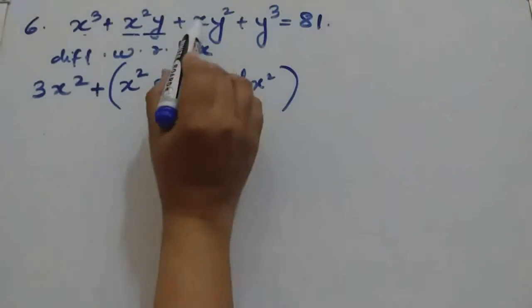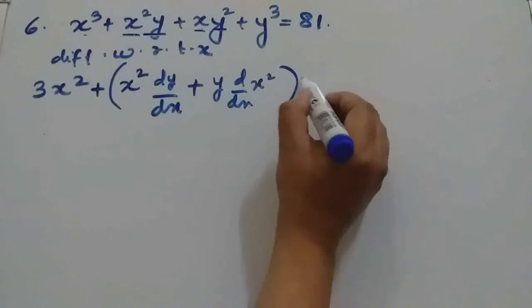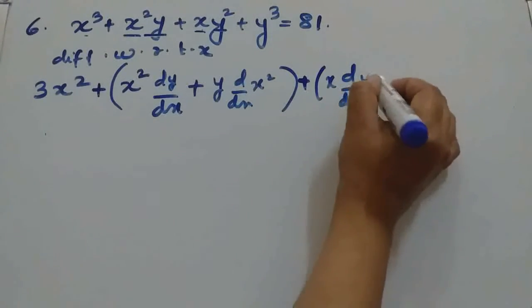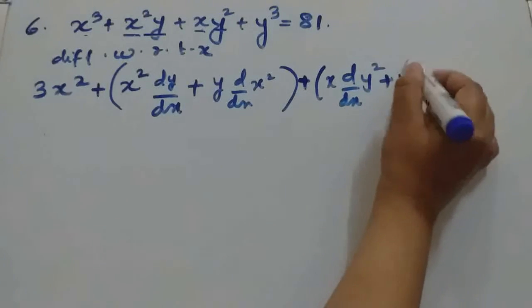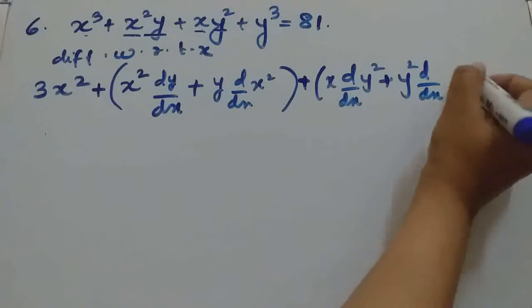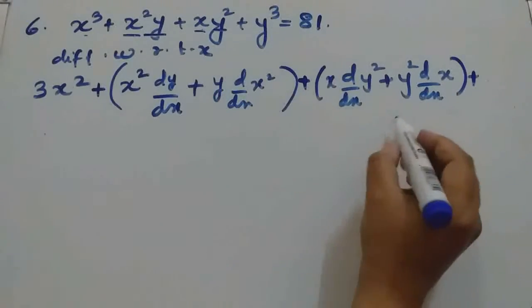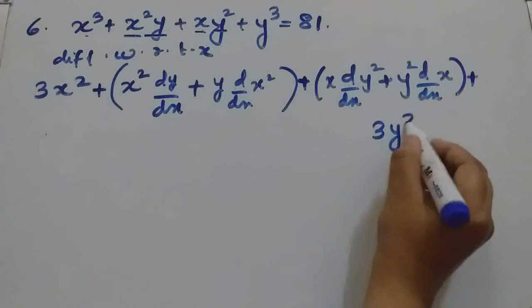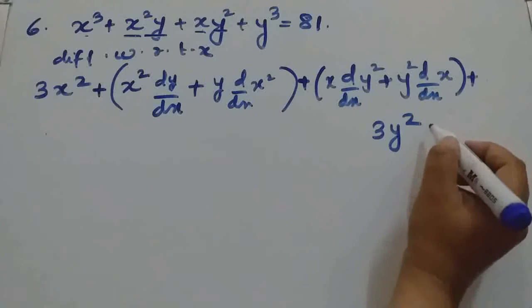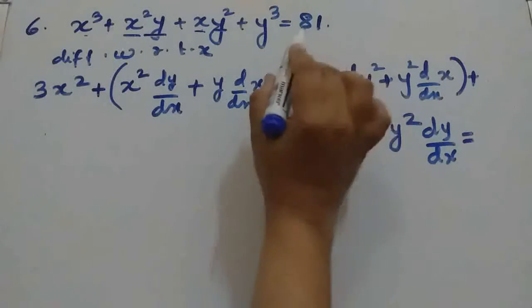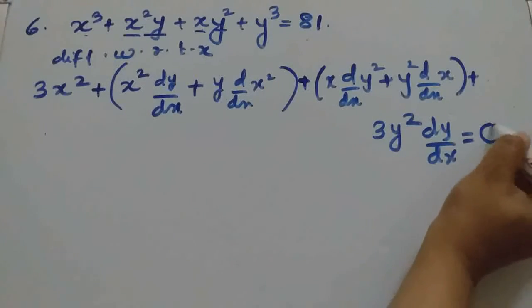Now here also two functions which are in product, first function as it is, derivative of the second function, plus the second function as it is, derivative of the first function, plus y cube is again a composite function, so we will write 3y square dy by dx is equal to derivative of 81 is 0.